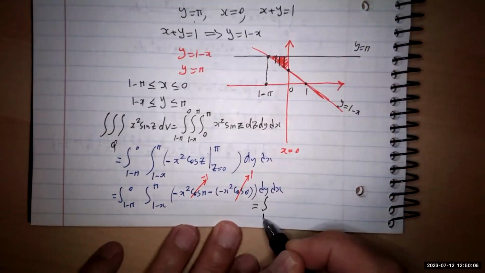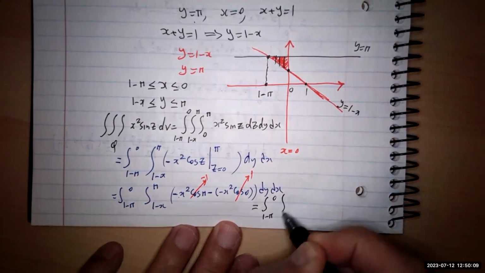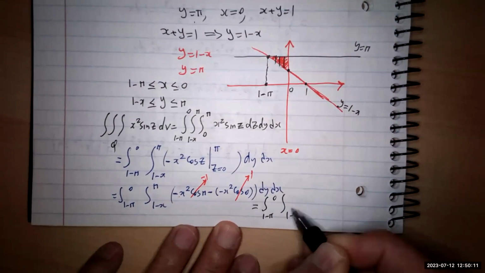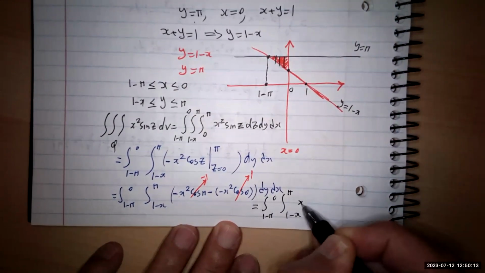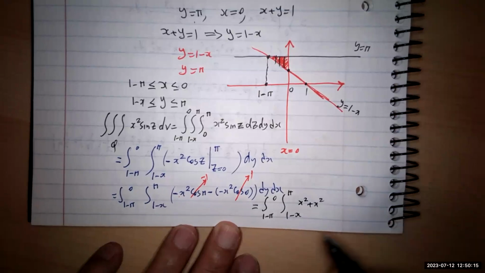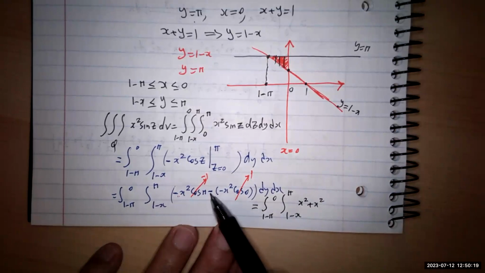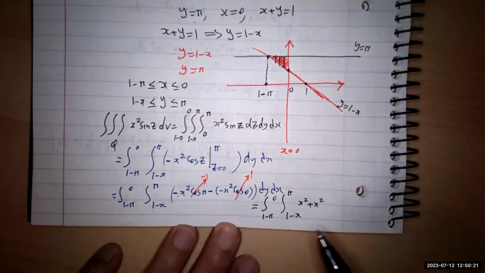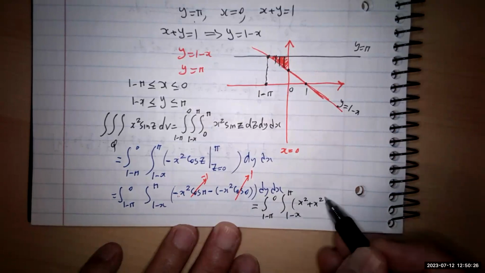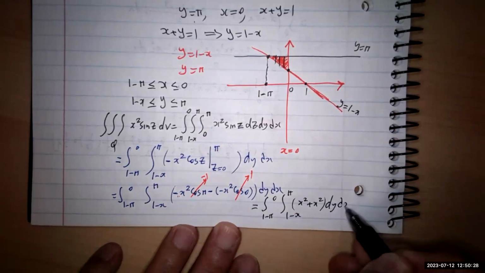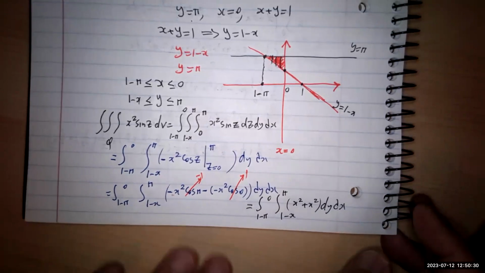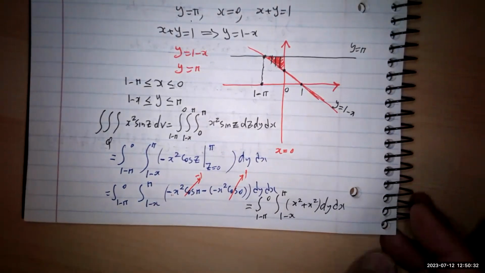So it's going to be the integral from 1 minus pi to 0, repeated, 1 minus x to pi. So we get x squared plus x squared, because the negative makes it positive, and the other negative makes it positive, and those are just 1. So x squared plus x squared, and the dy dx is going to be 2x squared, and then we can continue integrating it.